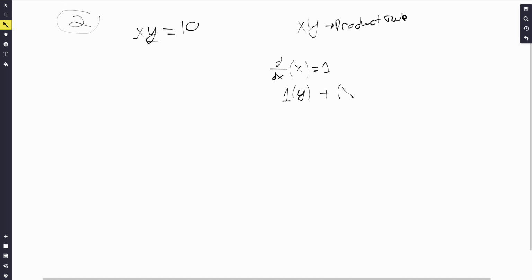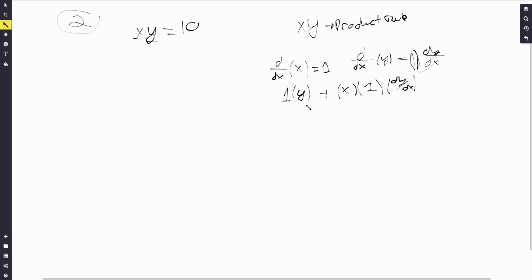The x stays, and then d over dx of y would be 1, but since we're differentiating with respect to x, we'd have a dy over dx here. So I'm just going to write 1 times dy over dx. You don't necessarily have to write the 1; I just write it for clarity's sake.